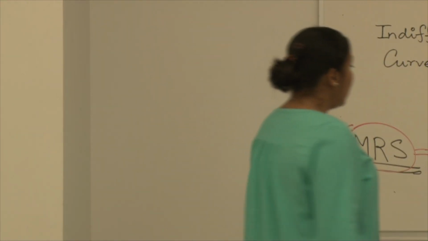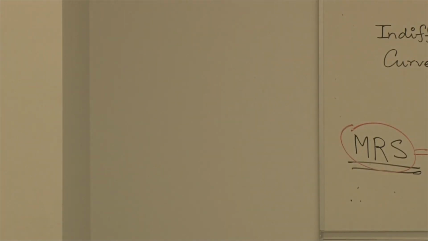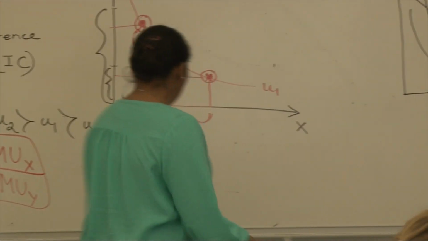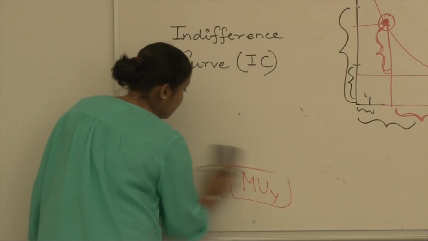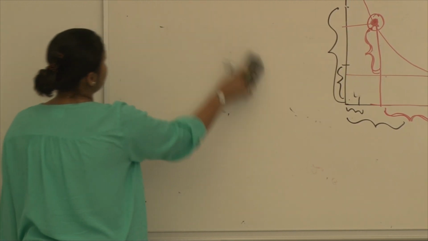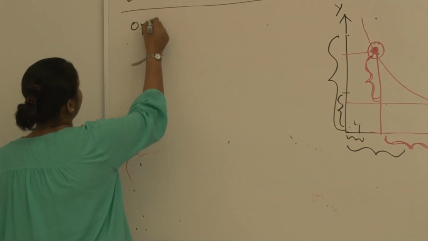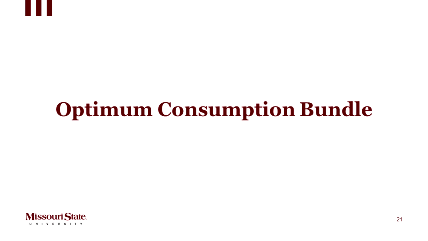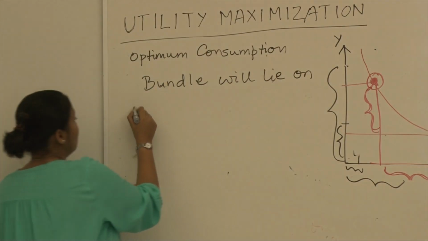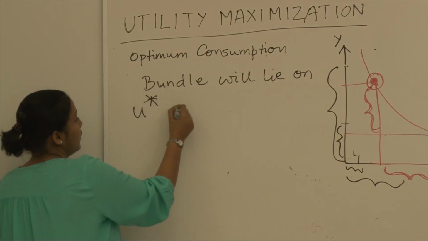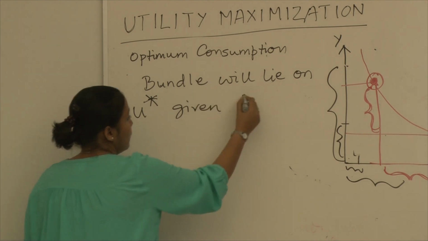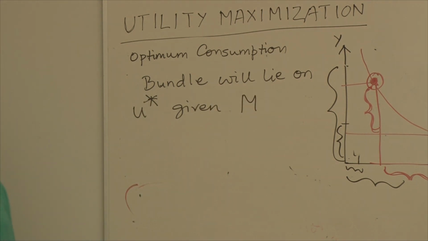So, can I say that the optimum consumption bundle will lie on U star given M, or given the budget constraint?